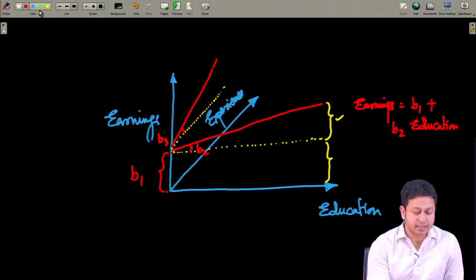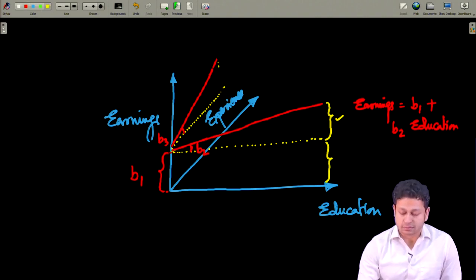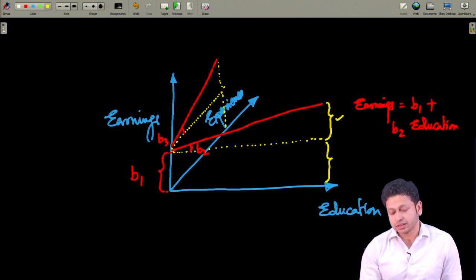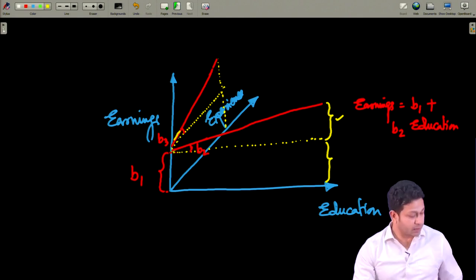So we can draw the projection here. This is the projection, and we can get a resultant of these two lines. This line is representing the pure effect of earning.